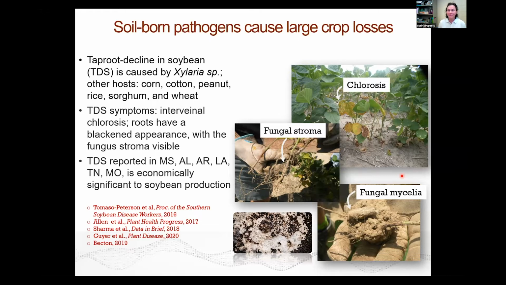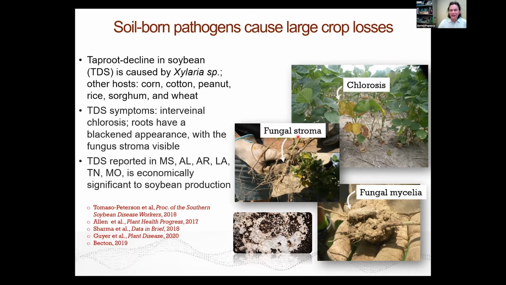So one of these pathogens is Xylaria. And Xylaria, it's an emerging pathogen and it's the cause of the taproot decline in soybean or TDS. So what you see in these images right here are symptoms of plants that are infected by Xylaria. So chlorosis of the lower leaves in the canopy is one of the earliest symptoms of infection.